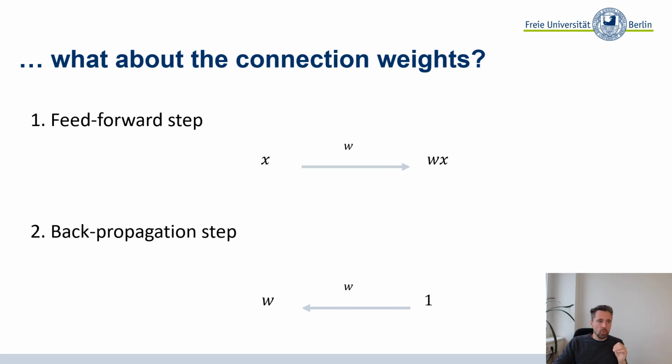Now, what about connection weights? Well, in the feed-forward step, a weighted input x results in the output of this rather small computational graph that is wx. The derivative of this output with respect to the input is w. Yeah? And that's exactly what we do.